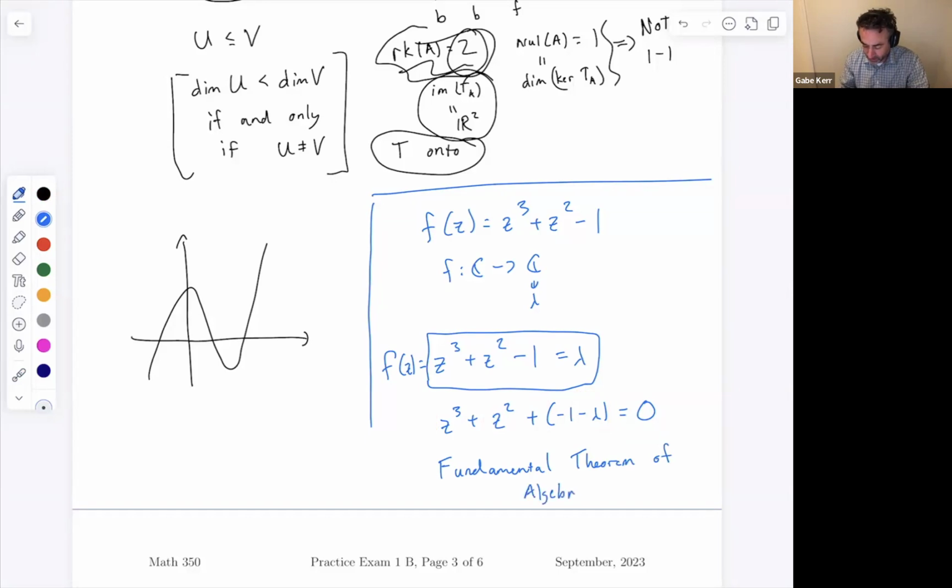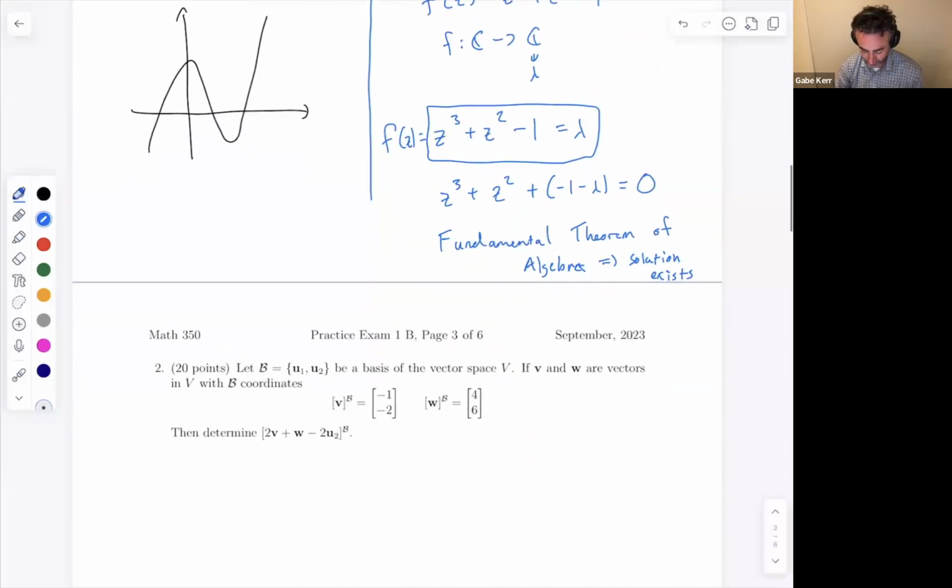It says any polynomial equation with complex coefficients has at least one solution in complex numbers. So there is a solution to this by the fundamental theorem of algebra, which means that this function is onto. Indeed, any non-constant polynomial is onto, which is cool. So it is onto, not one-to-one.